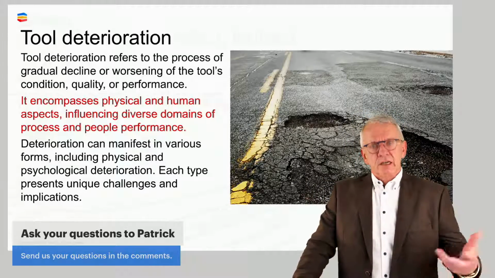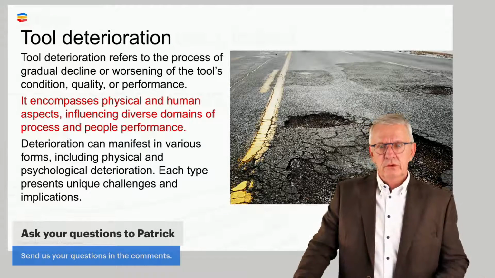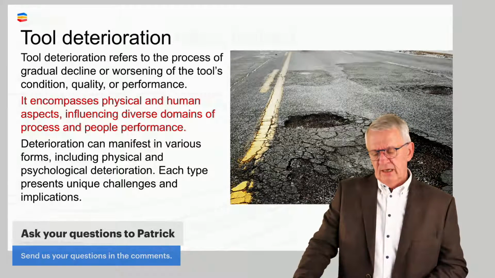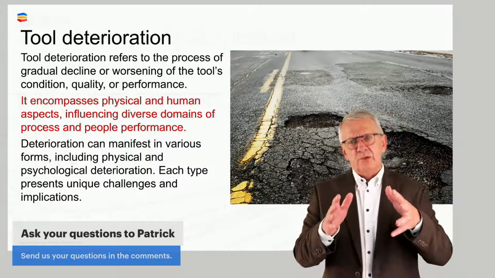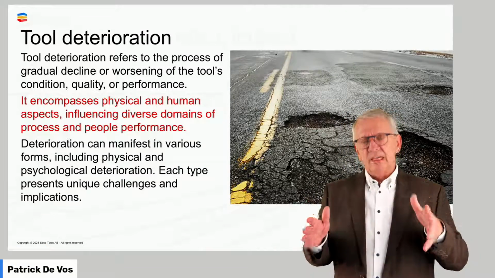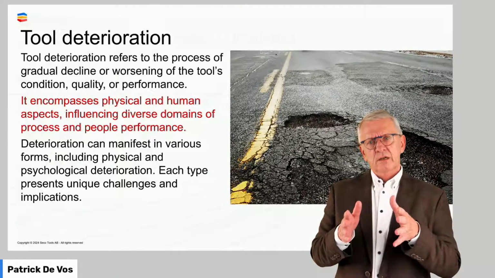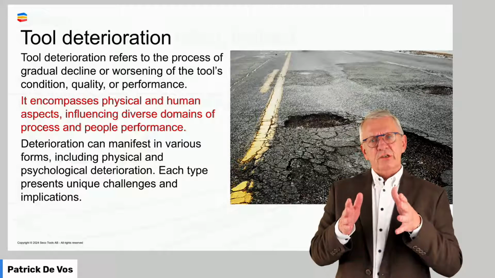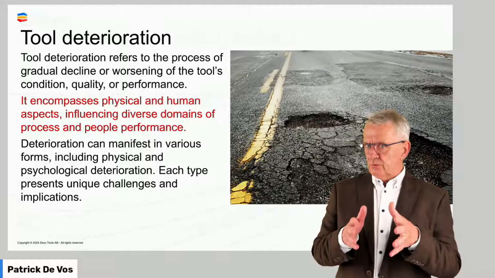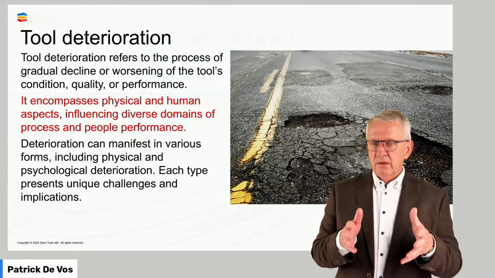A tool is wearing out, due to that it's losing the ability to cut. That's physical deterioration, but it can also be, and stay with me here, because people think, ooh, now we are going strange ways, it can also be psychological deterioration, because if you have an operator and he's using a cutting tool, but the thing is not doing what he thought it was going to do, that's going to trigger things in his mind.